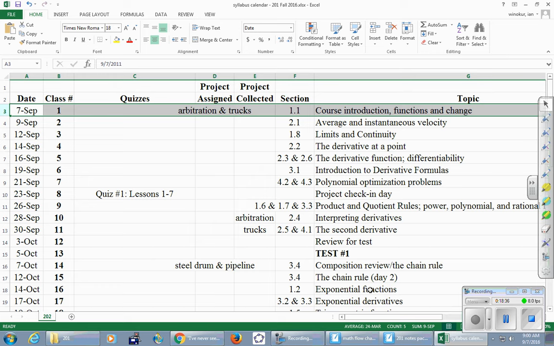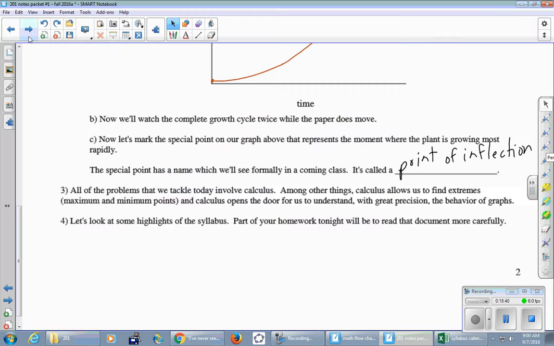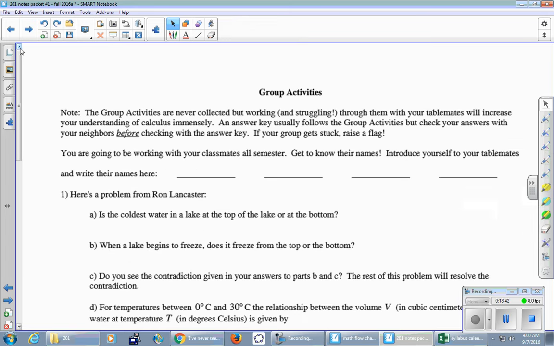Okay, all right, so I think that is good. Let's go on to the next page, which is page 3. The next part of what we're after today is the group activities. This is where you're going to be spending the bulk of your time every time we meet. Group activities are never collected, but working and struggling through them with your table mates will increase your understanding of calculus immensely.